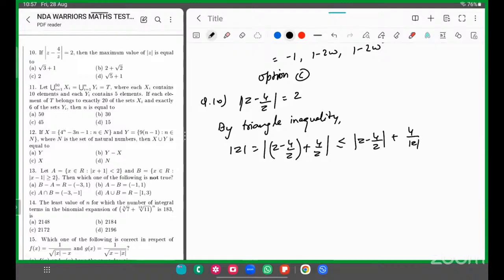Which can be written as mod z whole square minus 2 into mod z minus 4, which is less than or equal to 0. Can we write it in this form?